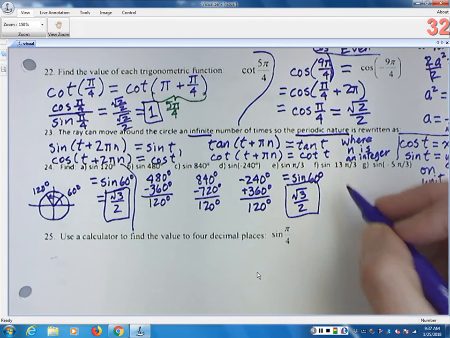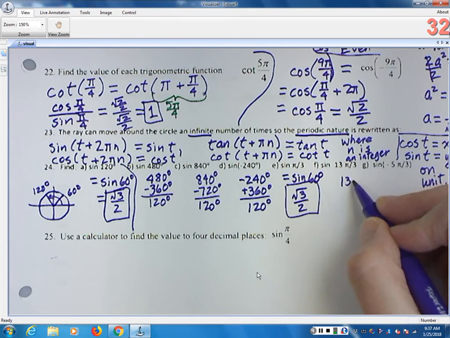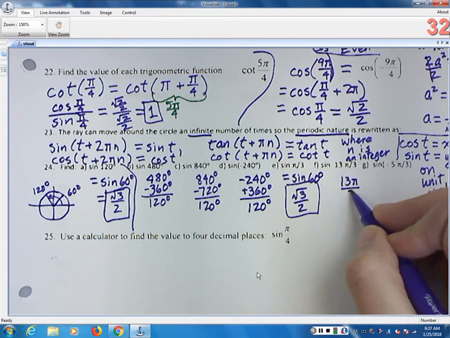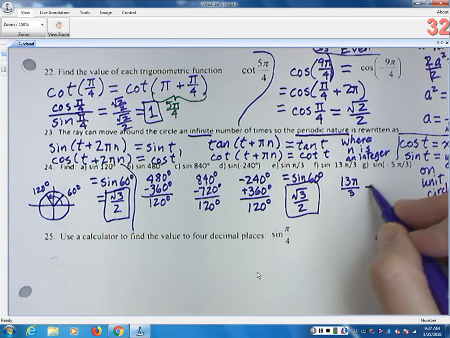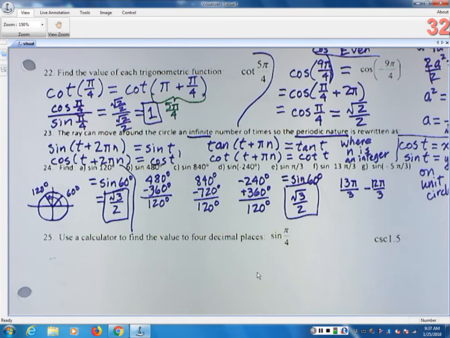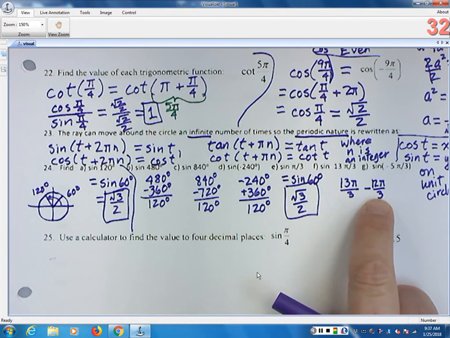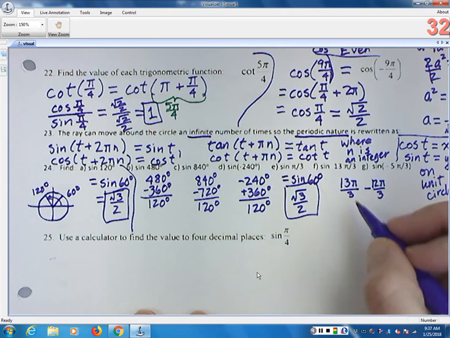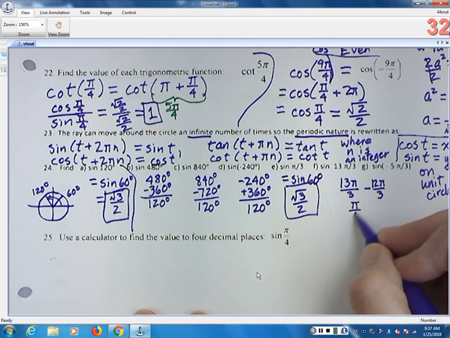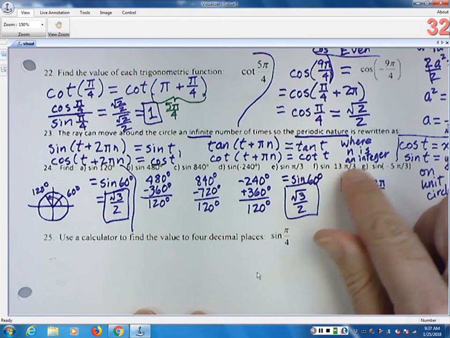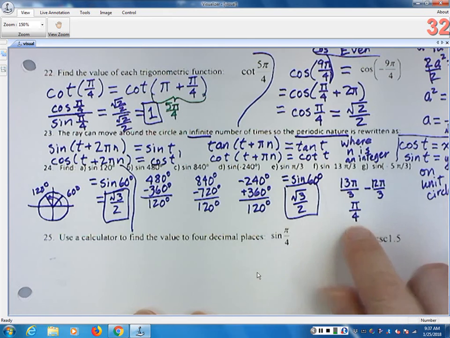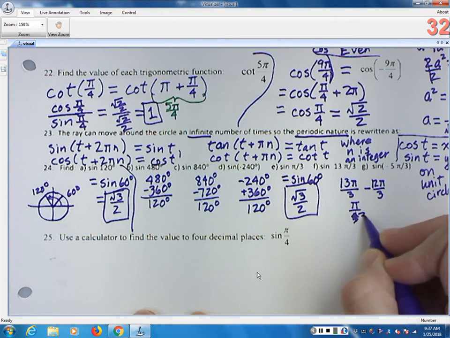We have 13 pi over 3, and we subtract 12 pi over 3. That's because that's 4 pi. I'm taking the angle and subtracting 4 pi. I get pi over 3. So sine of 13 pi over 3 is the same as sine of pi over 3.